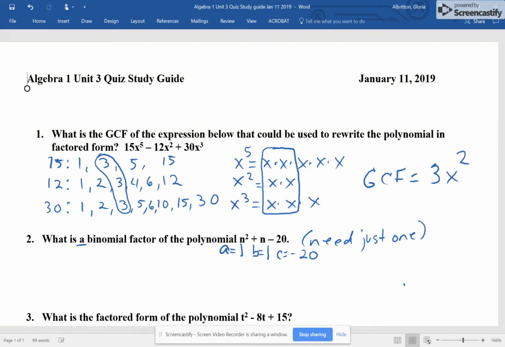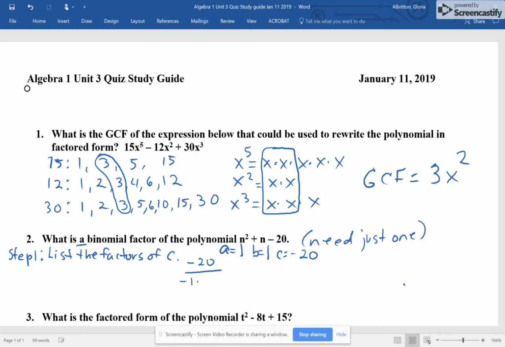So when we look at the steps, remember step 1, you list the factors of C. So to start out, we'll list the factors of negative 20.